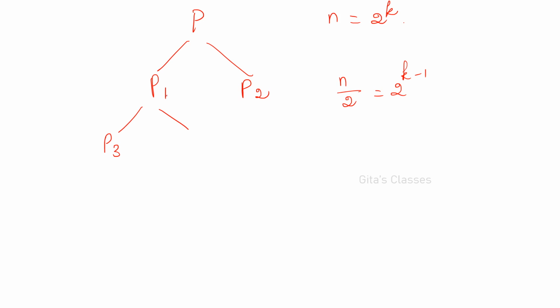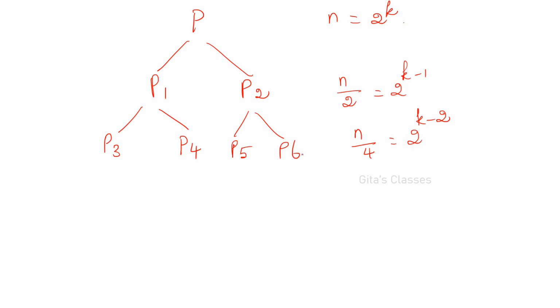Otherwise, if you are not able to solve P1, divide it again into P3 and P4, and if you cannot solve P2, divide it into P5 and P6. What will be the size of these? Again n/4, that is 2^(k-2).